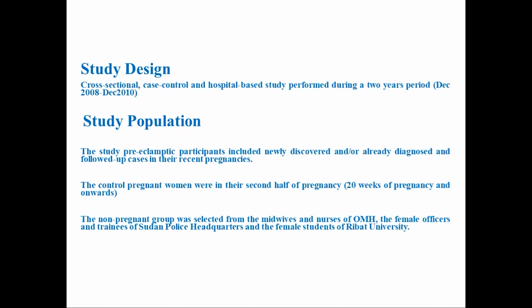The control pregnant women were in their second half of pregnancy, 20 weeks of pregnancy and onwards. The non-pregnant group was selected from the midwives and nurses of Omdurman Maternity Hospital, the female officers and trainees of Sudan Police Headquarters, and the female students of Rabat University.